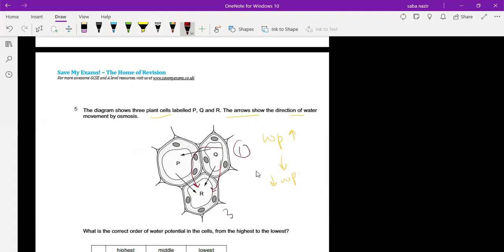That's why the water is moving in this cell. And obviously this water is crossing through the cell P, so it means that this cell is going to have the moderate water potential.